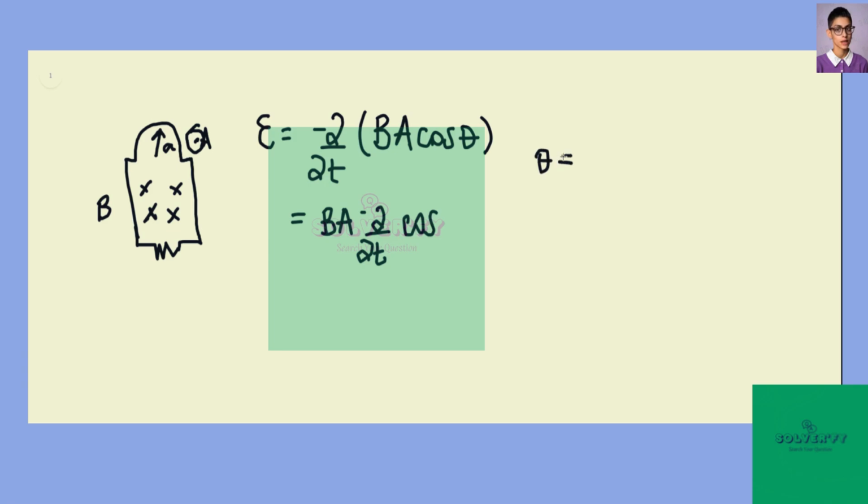And that angle between the area vector and the magnetic field varies as omega t, so then it's cosine omega t. If we take that derivative, we'll get an omega out here. I'm just going to put magnitudes, not worry about the negatives. So then we have B A omega sine omega t.